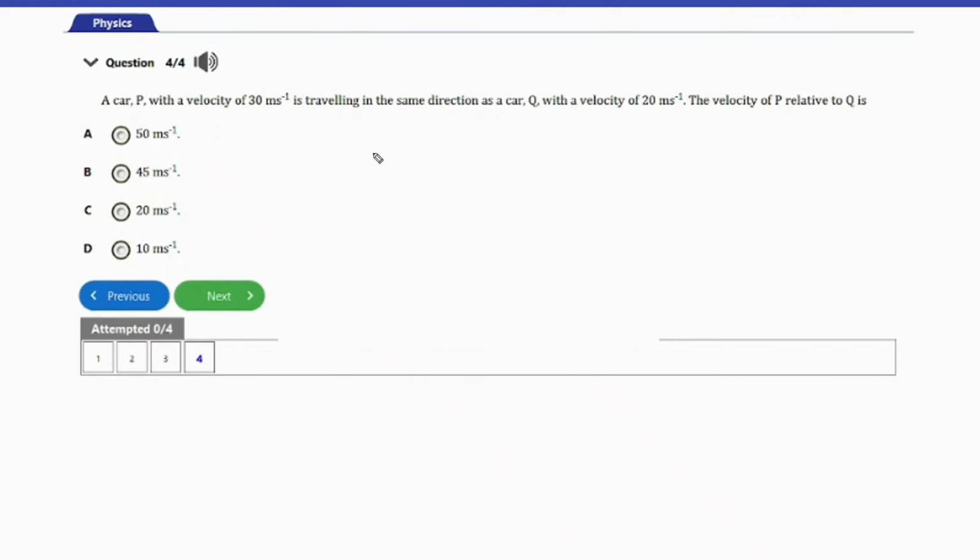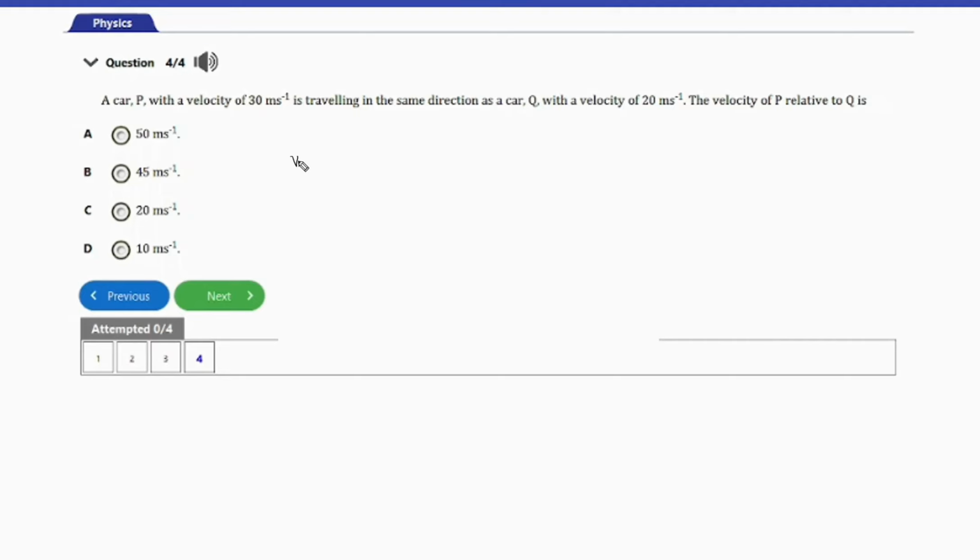The next and last question, question number 4, says a car P with a velocity of 30 meters per second is traveling in the same direction as a car Q with a velocity of 20 meters per second. The velocity of P relative to Q is. Let's note that these two cars are traveling in the same direction.